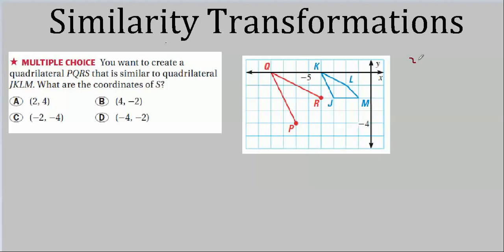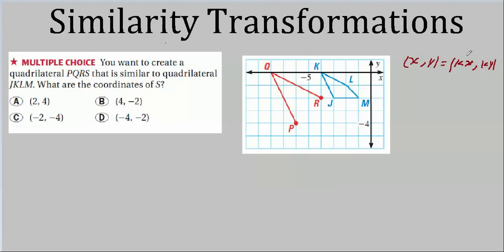So we're going to use our scale factor. Remember, that's (x, y) goes to (kx, ky). And remember, x and y have to be multiplied by the same factor. If it's different, then we're not going to have a polygon similar to the original one.